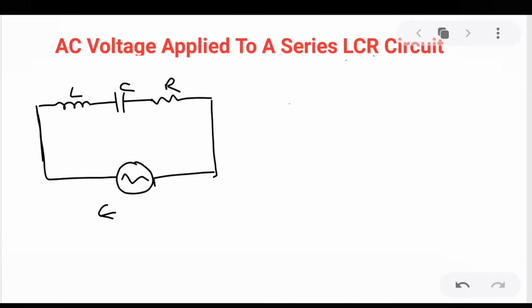Now this EMF is an AC voltage, so if you take it as V is equal to V naught sine omega t.